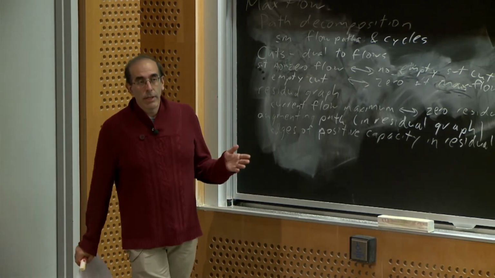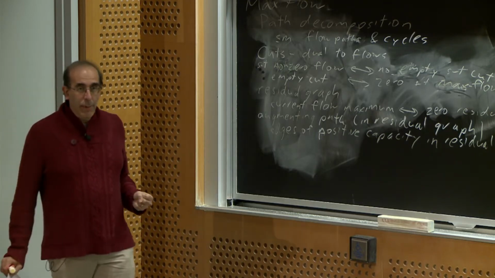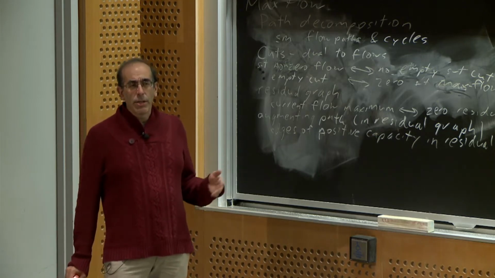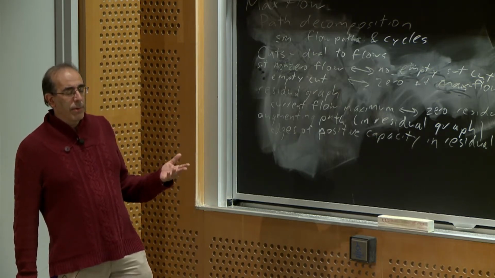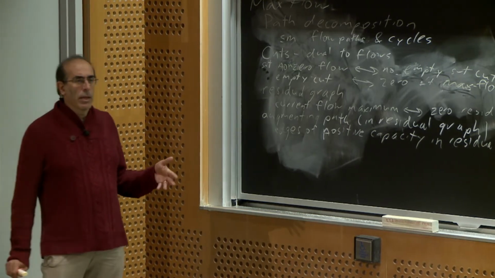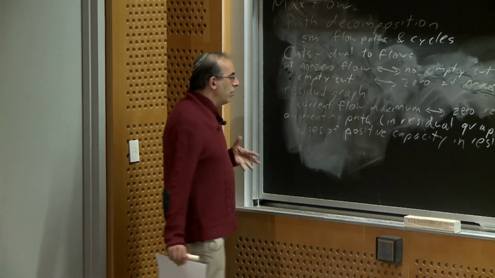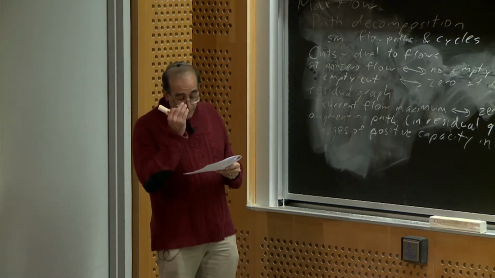This increases the total value of the flow from S to T, bringing you closer to the maximum. At the same time, because you're increasing flow on a path, you continue to satisfy the balance constraints and the capacity constraints and so forth. So this gives you a new valid flow, but one which has a larger value.